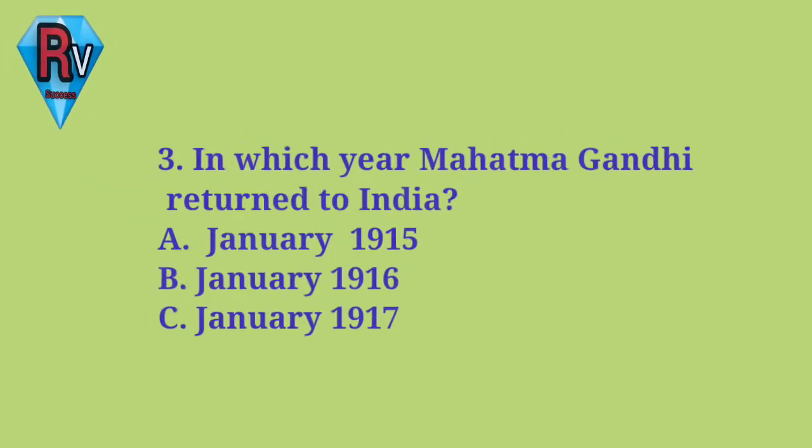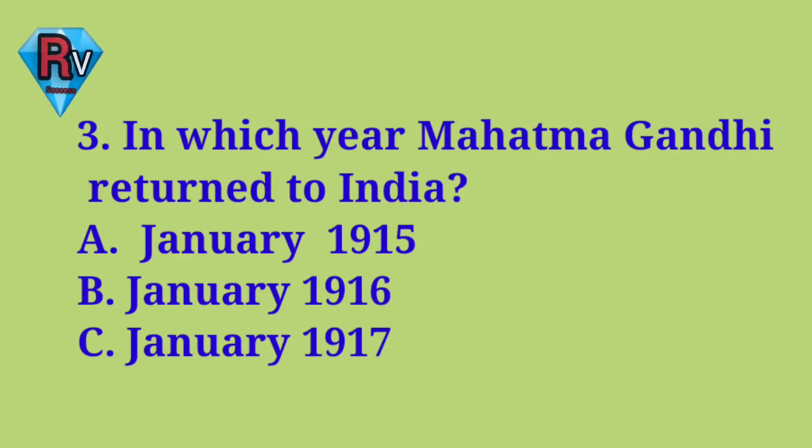Third, in which year did Mahatma Gandhi return to India? The options are: first, in January 1915, second, in January 1916, third, in January 1917. The answer is January 1915.